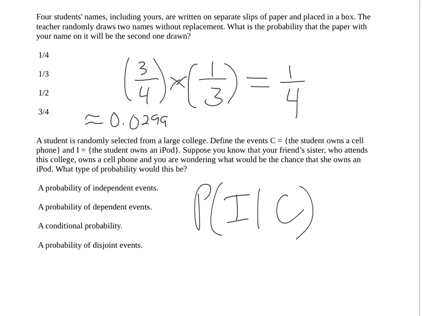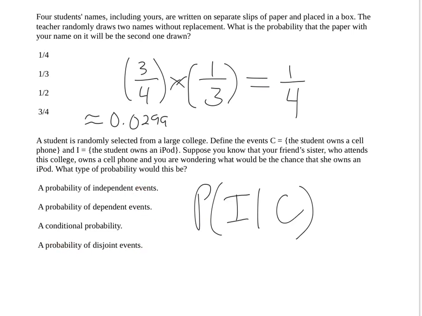Now, when you already have a piece of information and you're looking at the probability given this piece of information, that is a conditional probability. Right? So again, we're kind of talking about dependent events, but this isn't really what we're looking at. Dependent and independent doesn't really touch on prior information. The prior information in this case is we know that this sister has a cell phone. So these are not really in use here.